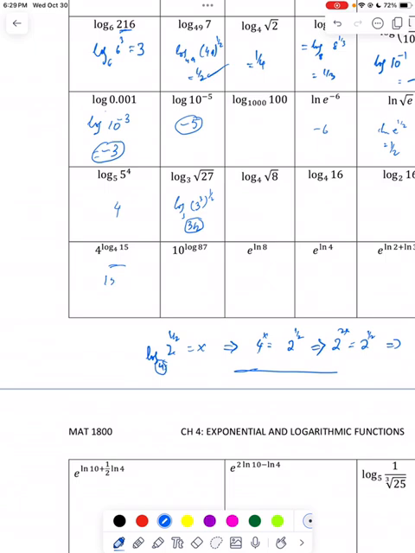Here 10 raised to log base 10 of 87, so the answer will be 87. This will be 8. What do you think about the next one? That will also be just 4.